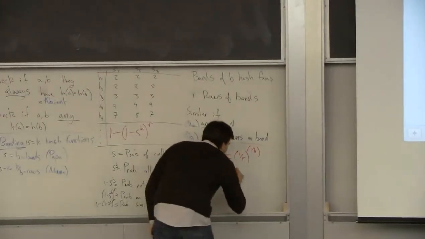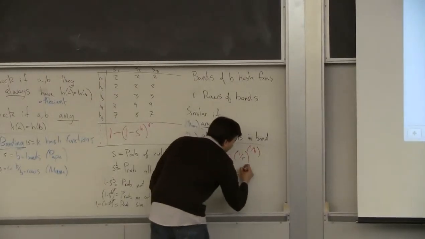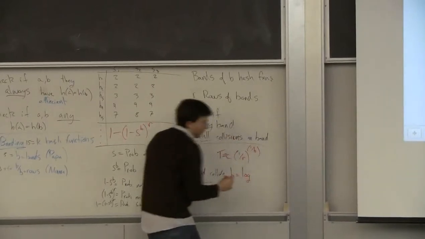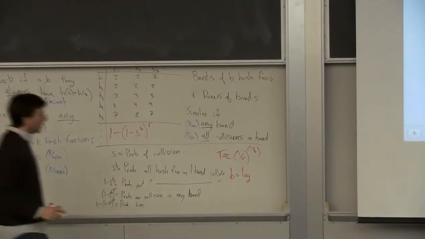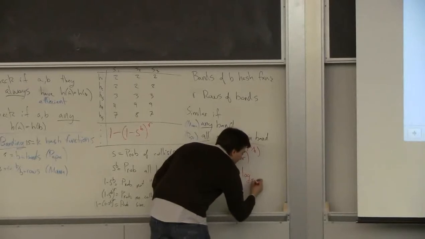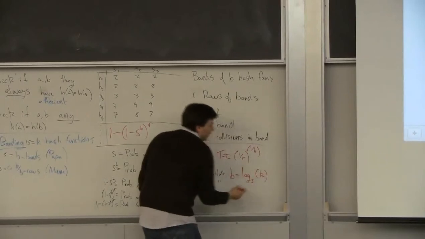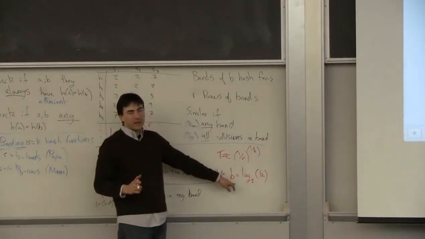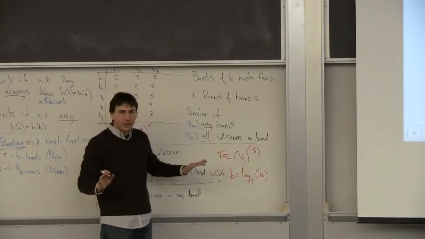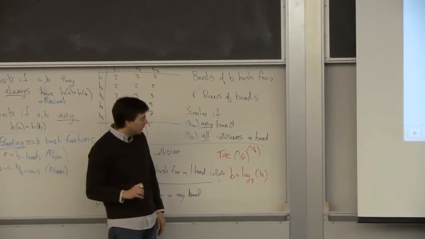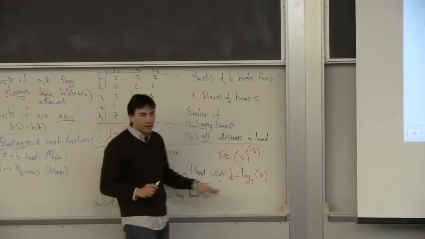So typically, a good choice would be to set B equal to the log base S of K, where S is the similarity threshold you're hoping to find, and K is the number of hash functions, and then R is going to be defined as K divided by B. Right, so this is a good rule of thumb on how to set the values of B. Take log base S of the number of hash functions you have and use that as B. And that's a fairly good one.